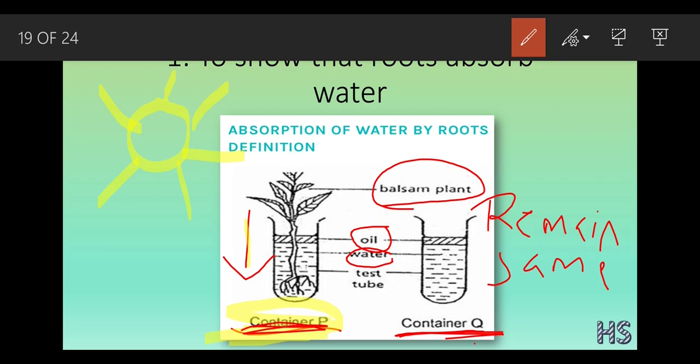Because in test tube P, the water has been absorbed by the roots, and the plant took up water and transported it to every part of the body through the xylem. But in container Q there was no plant, so the water level remains the same, and this was a control setup. Control setup means it helps to distinguish between the two test tubes.